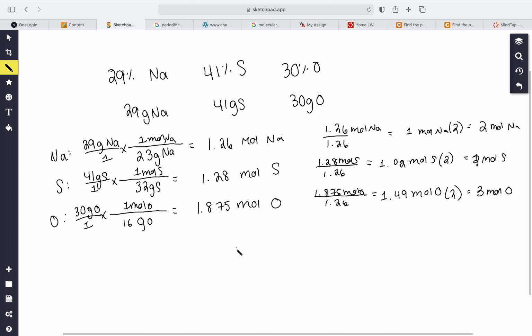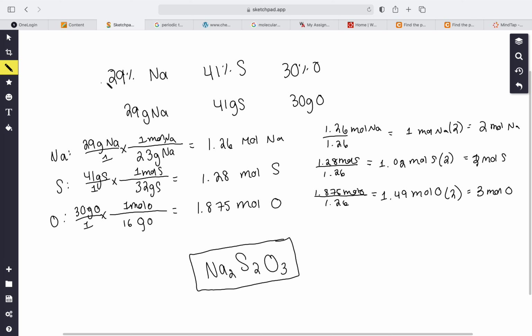So our answer for the empirical formula of this compound, given these percent weights, is going to be Na2S2O3, and that would be your final answer there.